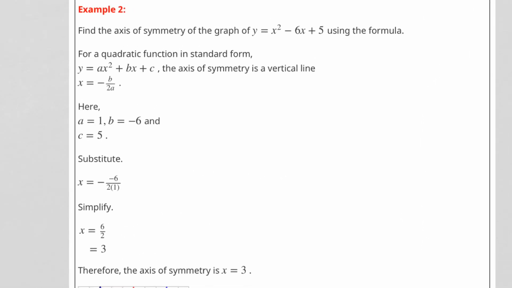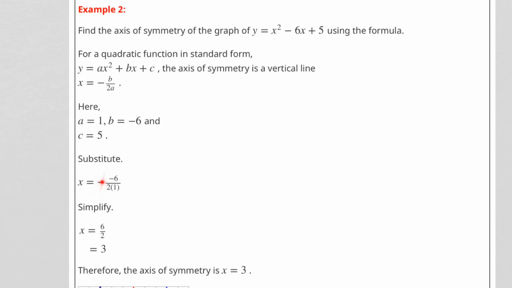Okay, so for example 2, find the axis of symmetry of the graph x squared minus 6x plus 5. Here they found c, but for our cases that's not necessary. They want to know what c is because eventually I'm sure they want to find the vertex. For what we're doing, all you need is a and b.